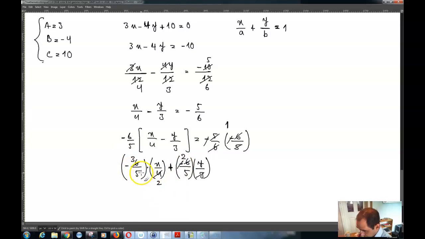So you have negative 3/10 times x plus 2/5 times y is equal to 1.